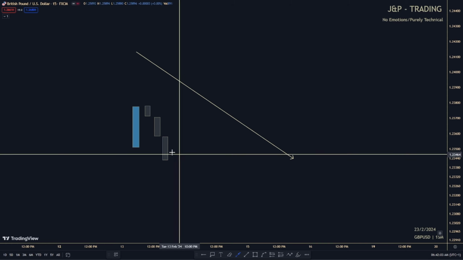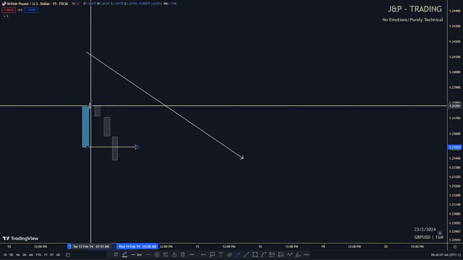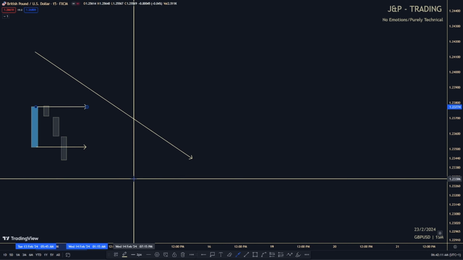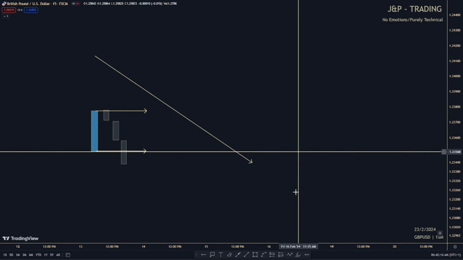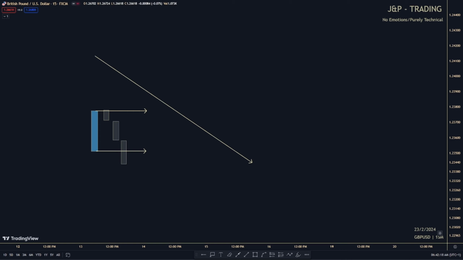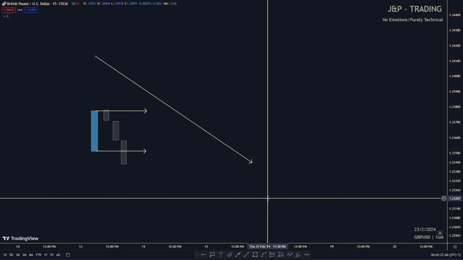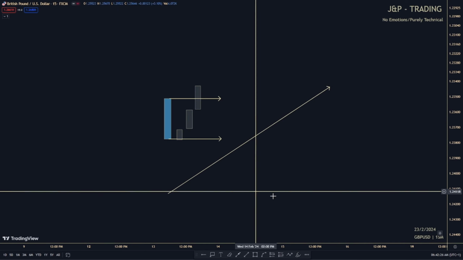Here I'm using blue color, but most of the time it's red, according to your personal preferences. From the open price to the closing price of that candle, you will see it takes three candles to break that low.